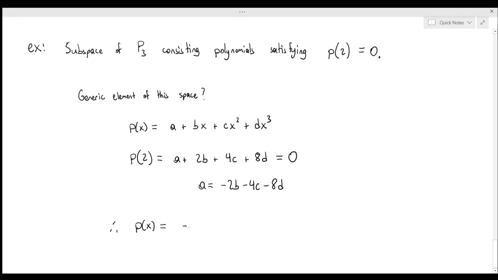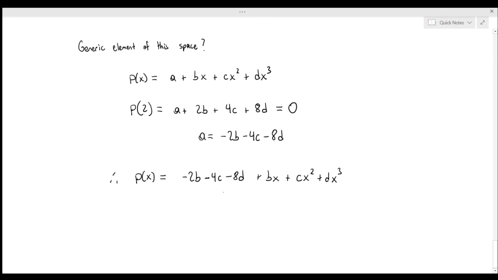So now we'll have p of x is minus 2b minus 4c minus 8d, and then plus bx plus cx squared and plus dx cubed. Okay, so then this is what a generic element of this space is going to look like.